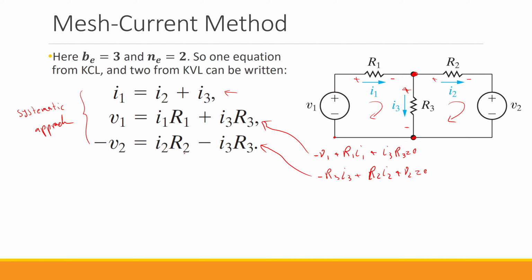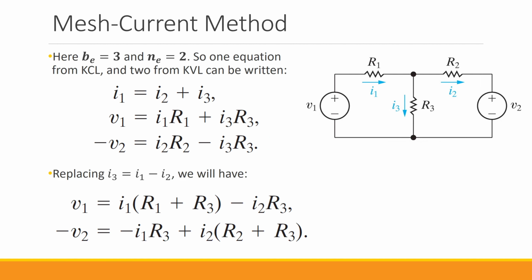So in these 3 equations, if we know V1, V2, and R1, R2 and R3, we have 3 equations that give us the values for I1, I2 and I3. In order to solve it, we can replace I3 with I1 minus I2 from the first equation.